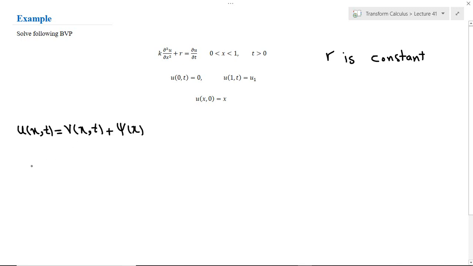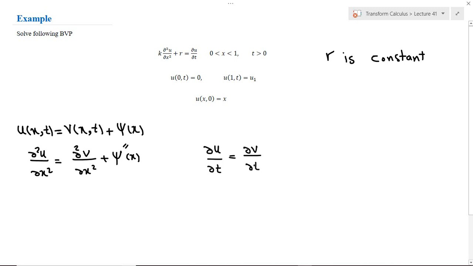Then we have to find the second derivative of u with respect to x, which is equal to the second derivative of v with respect to x plus psi double prime x. The derivative of u with respect to t is equal to the derivative of v with respect to t, and the derivative of psi with respect to t is equal to 0.